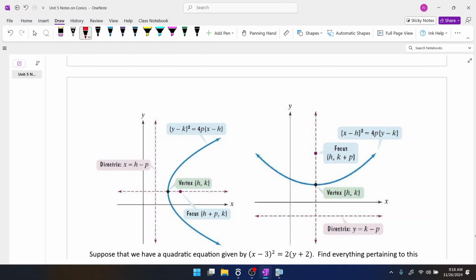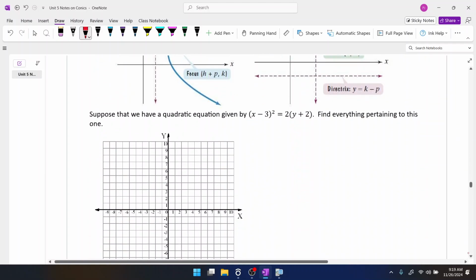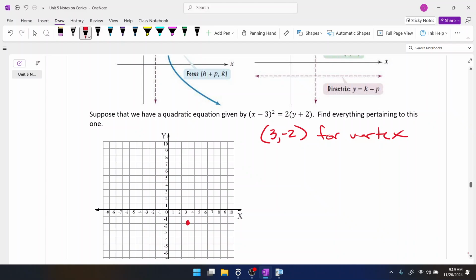So your first order of business is simply to figure out where the vertex is in all of this. It's going to be at 3, negative 2.